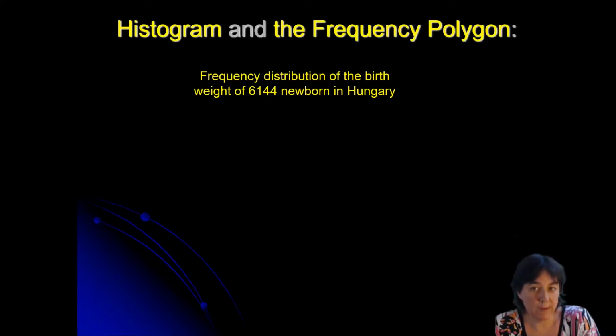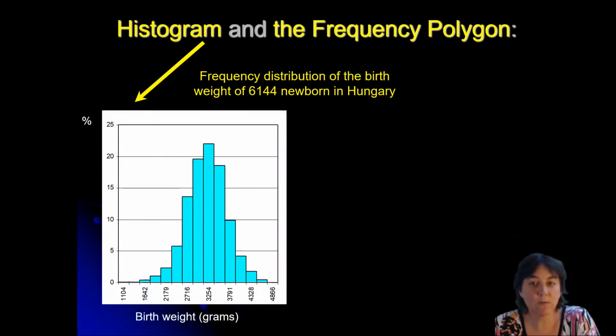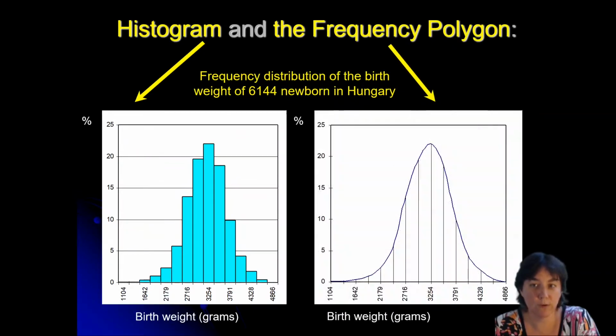Histogram or polygon. Basically, it doesn't really make a difference once you want to show your frequency data. For histogram, you simply show the percentage according to the values. If it's a continuous scale, then you simply pick the middle value of each interval and present that on a histogram.